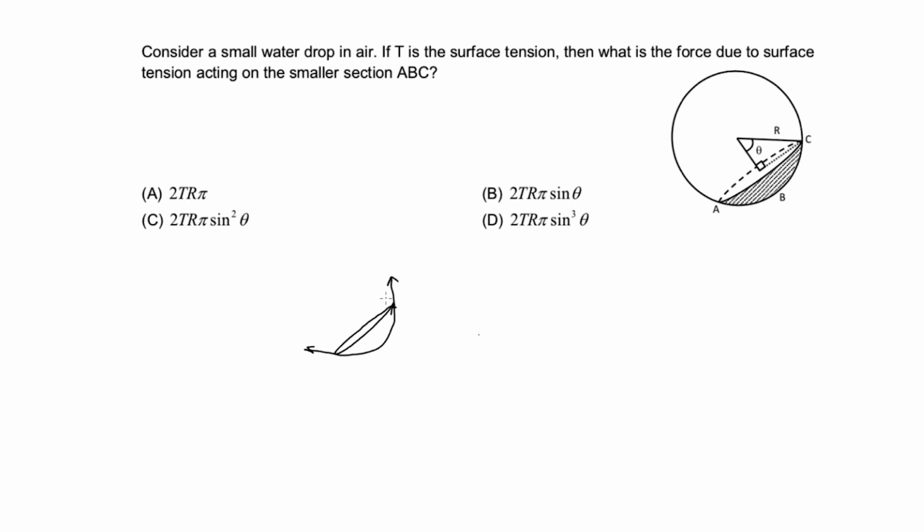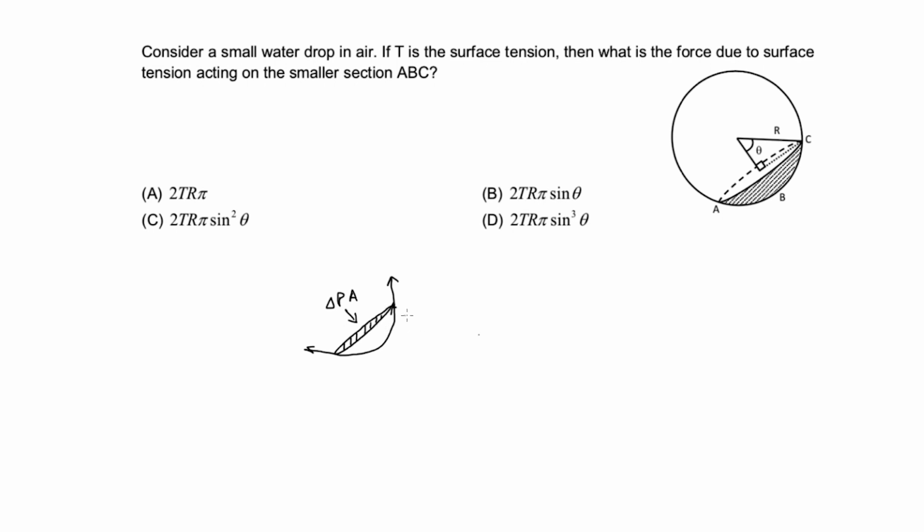This force is actually balancing the force due to the excess pressure, delta P into area. Which area will I take? Always we should take the projected area, this part.